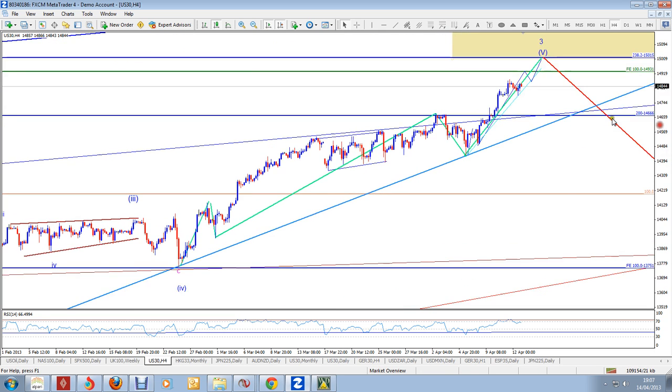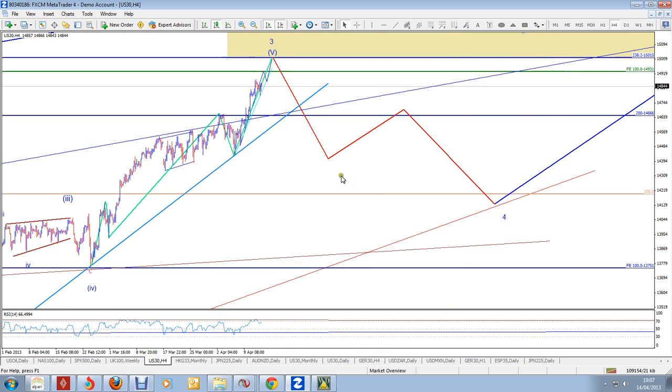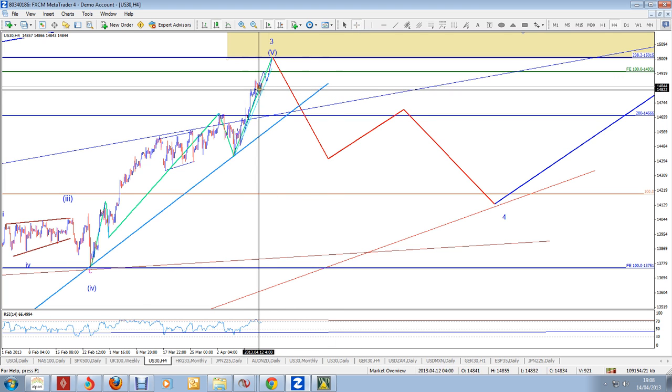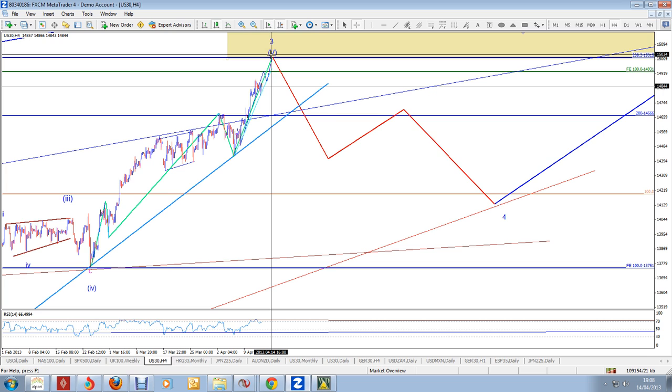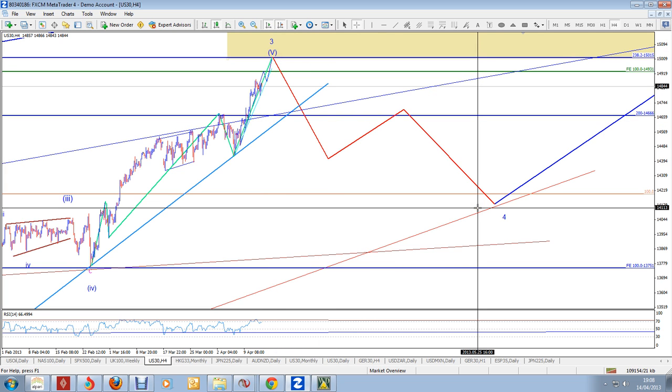Then we will retrace for wave 4, A, B, C. So from 15,000 possibly we may come down to 14,200 or so, and then we still have a leg 5 up. So that's what I mean: in the very short term we're still trending up but nearing a top. Intermediate term we will be topping and come down, and then longer term we've still got another leg up.